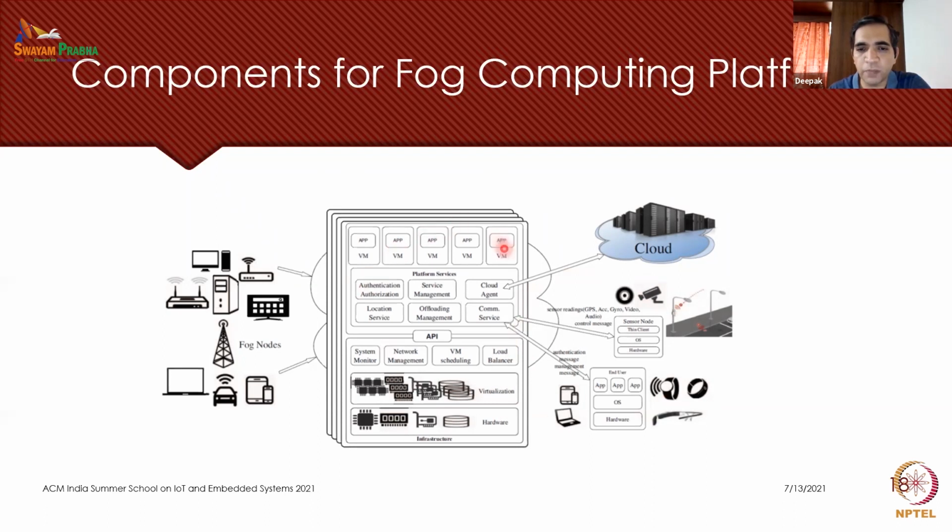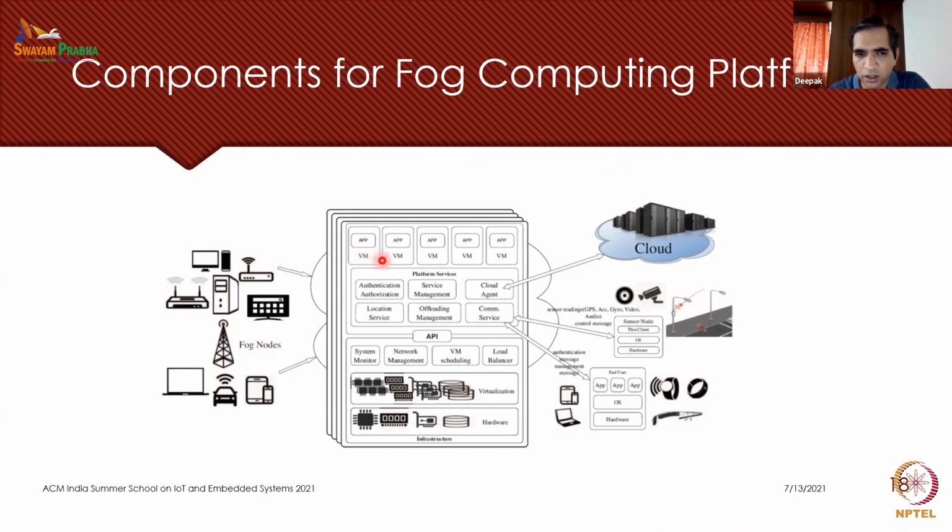So a fog computing platform typically looks like this, and you have these different layers, and within these layers you have these functionalities that a fog computing node ought to provide. Apart from that, this picture is kind of self-explanatory.